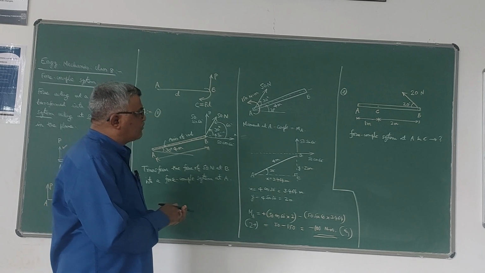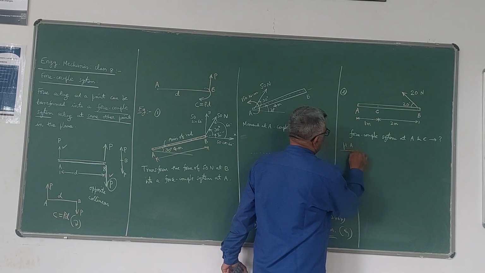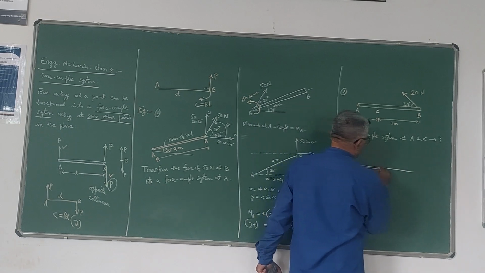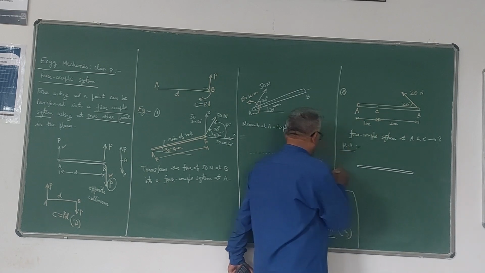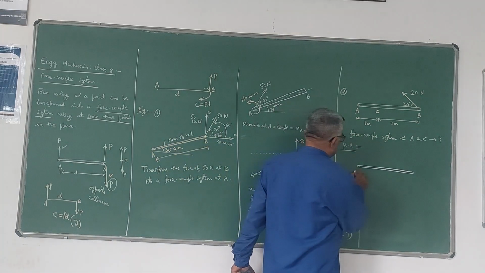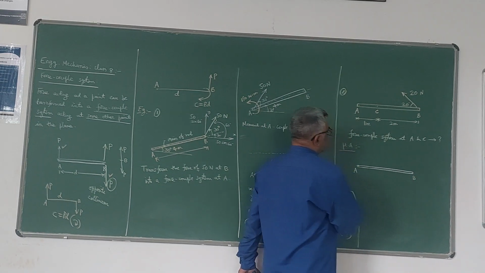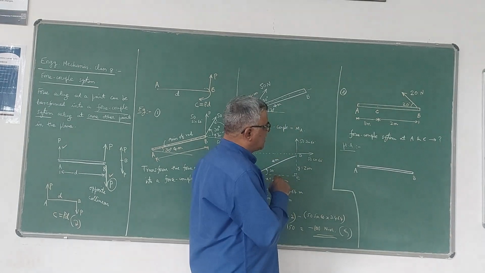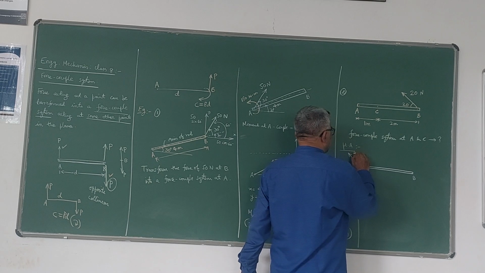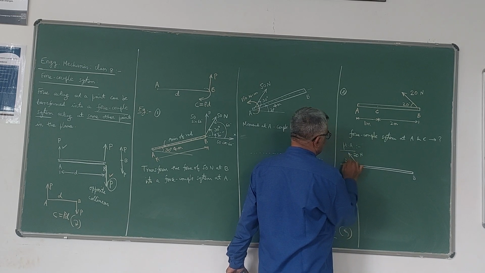Now let us take first point A. I will directly write here because I have already explained it neatly, and just explain it in one step. So let me transfer the force at B to a force and couple at A. The same force we have to write here in the same direction, 20 Newton making an angle of 20 degrees.